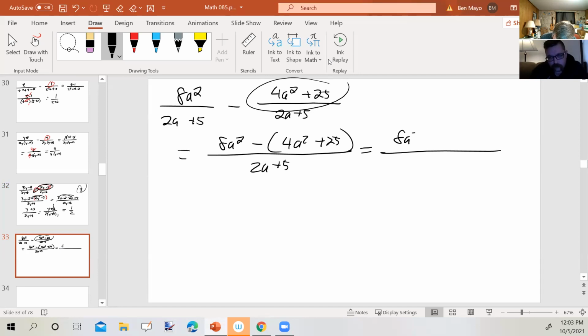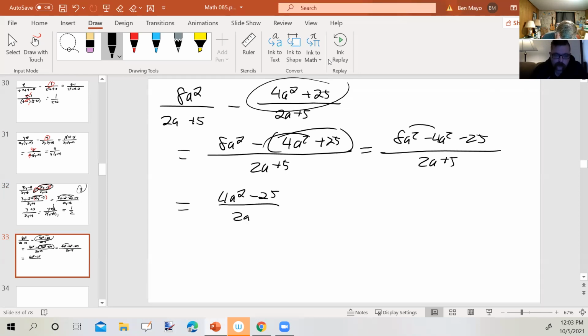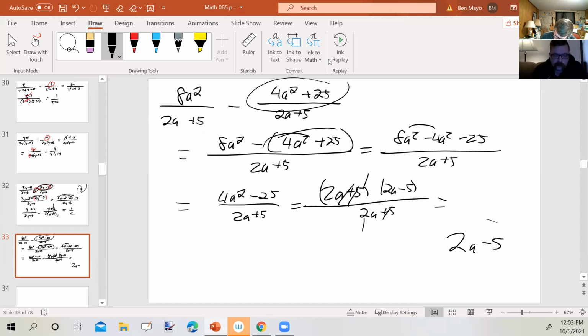So we get 8a squared minus 4a squared minus 25 over 2a plus 5, which is 4a squared minus 25 over 2a plus 5. But now the numerator is the difference of two squares. And then these common factors reduce out. And my final answer, 2a minus 5. So be careful when you're subtracting that you subtract the entire quantity.